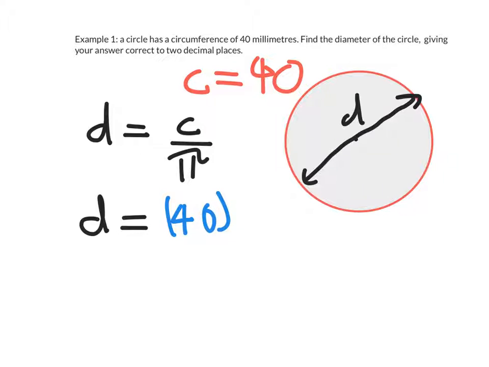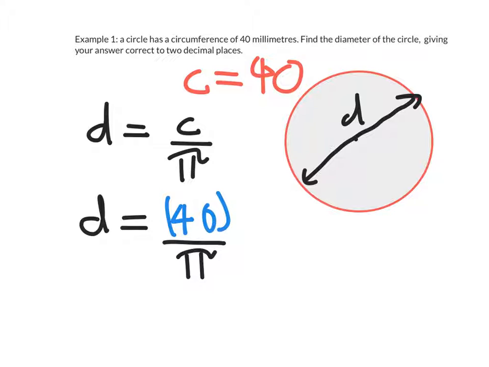So we see that d will be 40 over pi. Now that would be our exact answer if we were asked to leave it in exact form. But this question says we'd like our answer to 2 decimal places, so we're going to use an approximation to do that. The question doesn't give us a particular approximation, so we can just use our calculator to do this one for us.